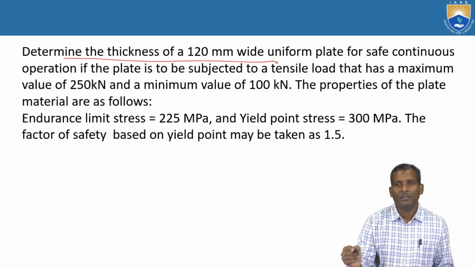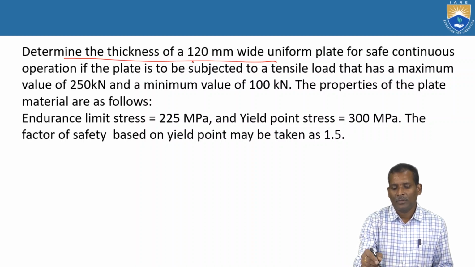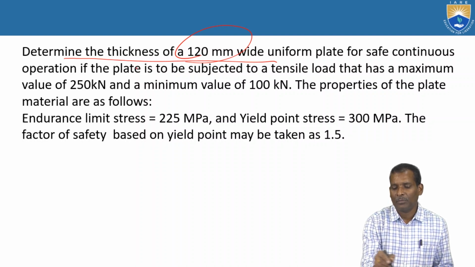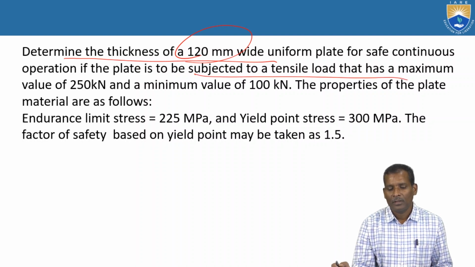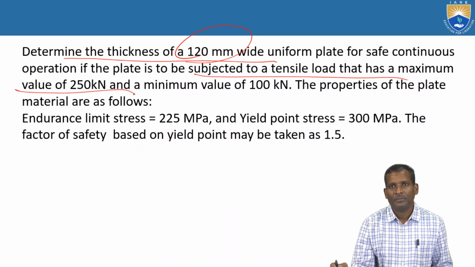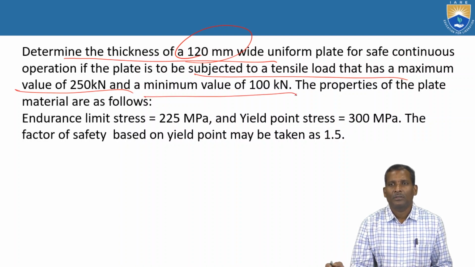The width is given as 120 mm; we need to calculate the thickness of the plate. The type of load is a tensile load with a maximum value of 250 kilonewtons and a minimum value of 100 kilonewtons, so the load varies from 100 to 250.